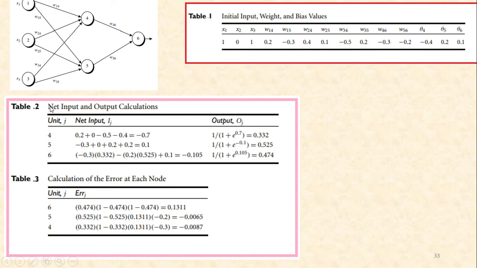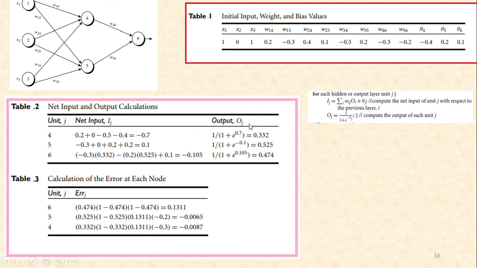For calculation of net input and output, here this shows the equation for the net input for each hidden layer or the output layer. The net input is given by the equation Ij is equal to summation of Wij into Oi plus theta j. W are the weights and theta j is the bias.